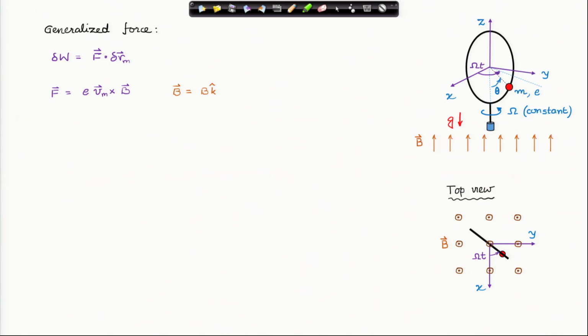From the Lorentz force, you can calculate the force on a charged particle moving in a magnetic field as charge times velocity cross the magnetic field, e times V_m cross B, and the magnetic field is in the z direction. Therefore, its representation is some magnetic field strength times k cap.